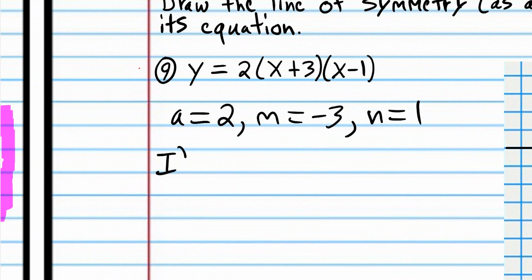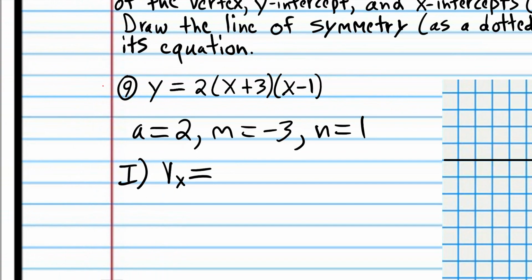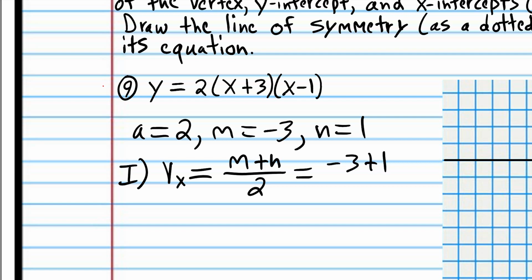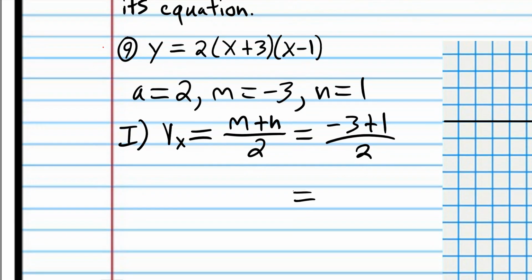So step 1 is to find the most important point on a parabola, which is the vertex. And to find the vertex, we first start by finding the x value of the vertex, and we're going to use that special formula that we always use when we have the intercept form. So we plug in m and n, and then divide by 2, and we get -1.